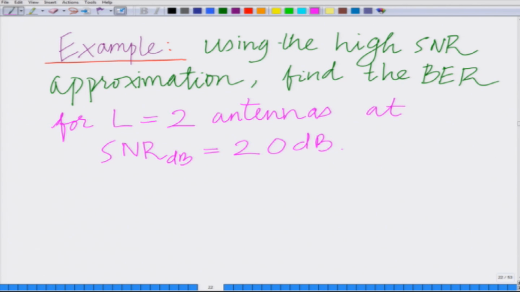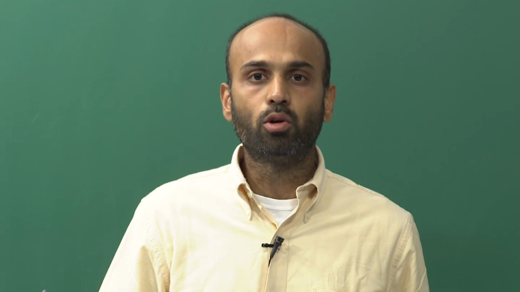So we are considering this example of finding the bit error rate in a wireless communication system with L equal to 2 antennas at SNR equal to 20 dB.